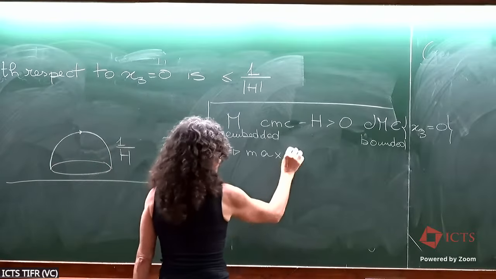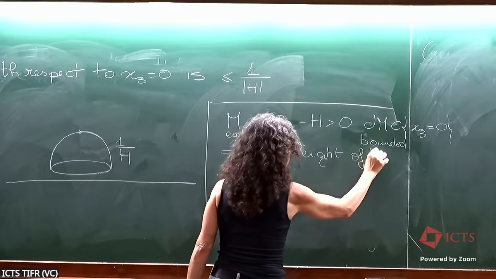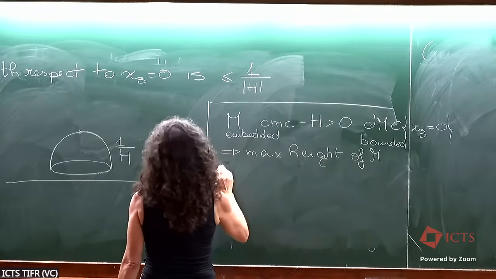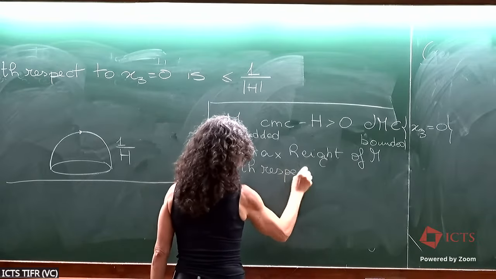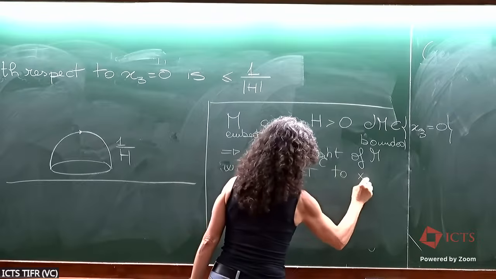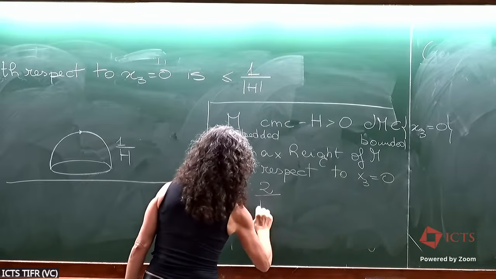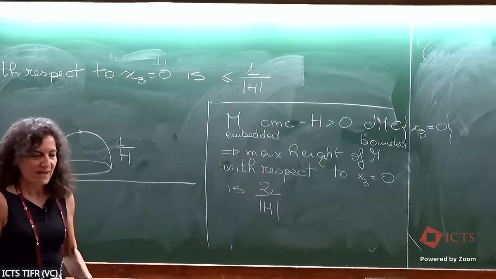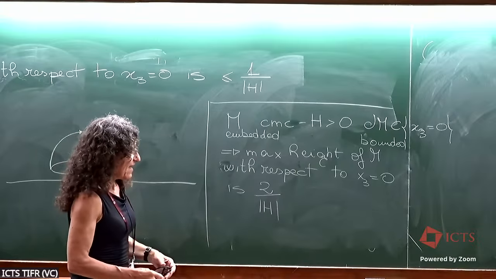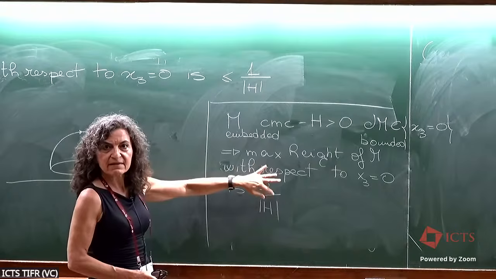Then the maximal height of M with respect to x3 equal to 0 is 2 over the modulus of H. In the higher dimensional case, you have n here.